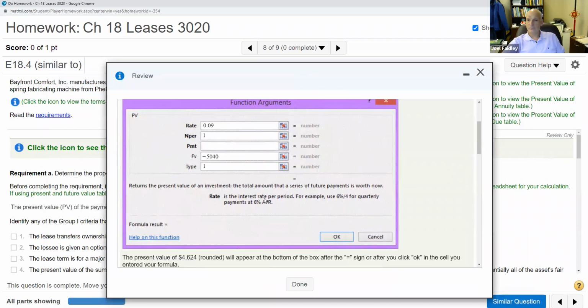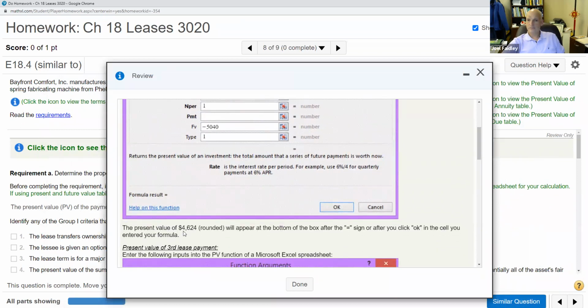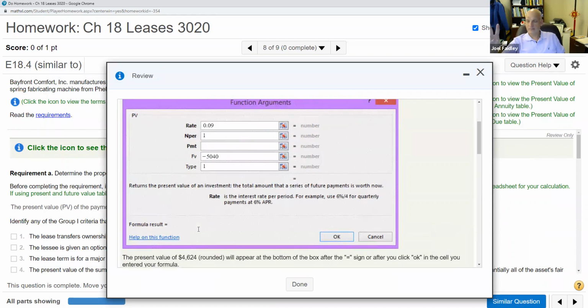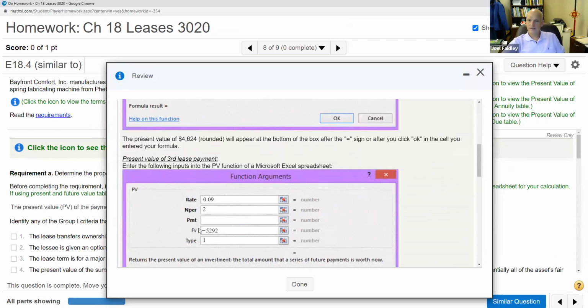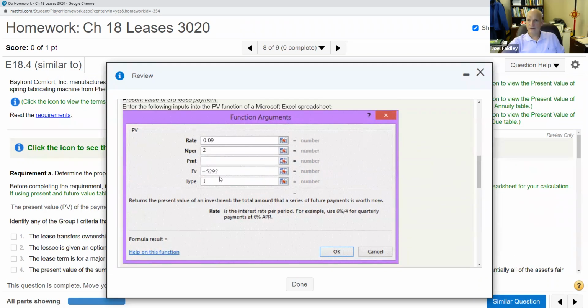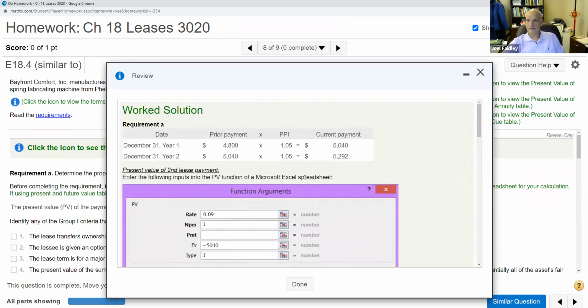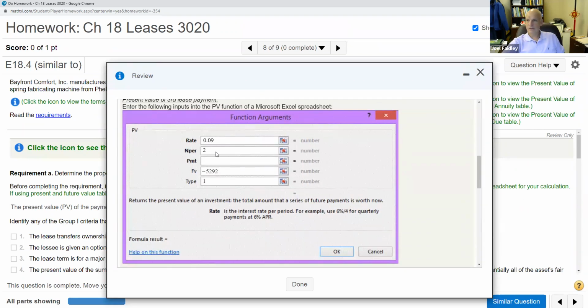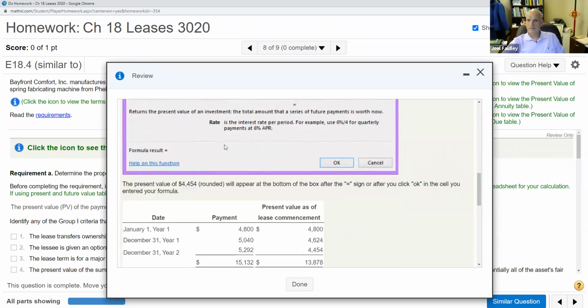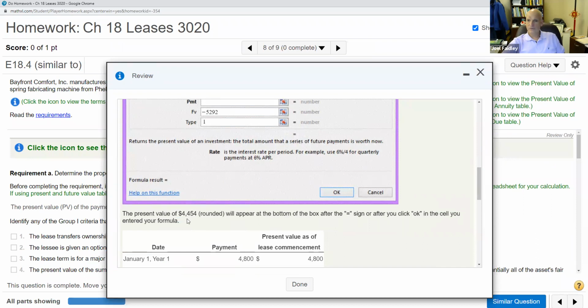So there's my first one. Present value is $4,624 for that first, it's actually the second payment, the end of the first year, right? And then the second one, the 5,292, that escalation we saw up at the top, which is 2 years out. It's the third payment, but it's 2 years out, is $4,454.